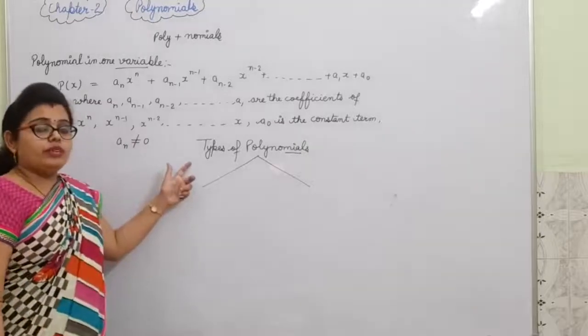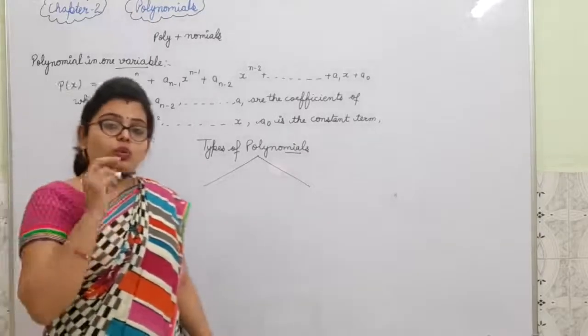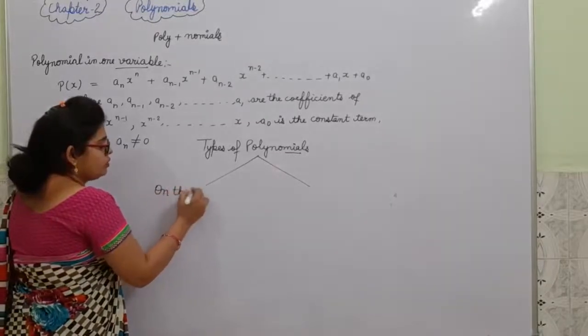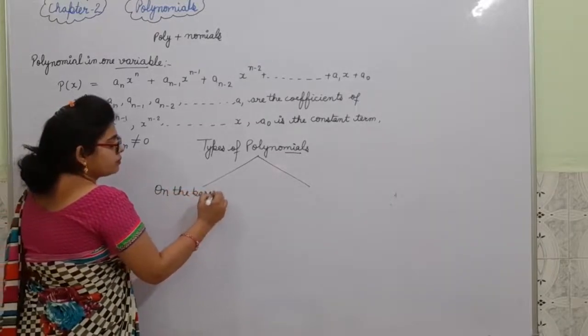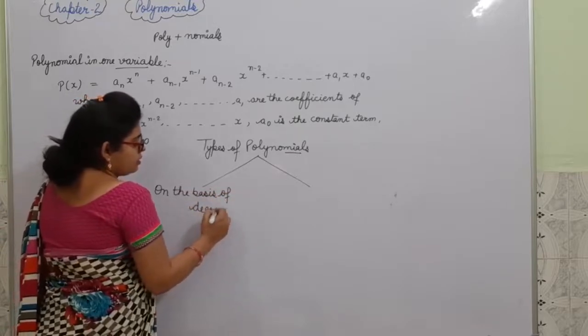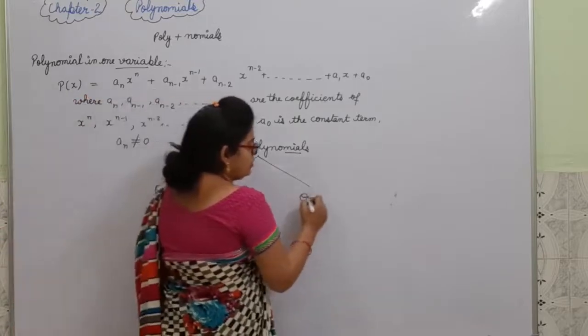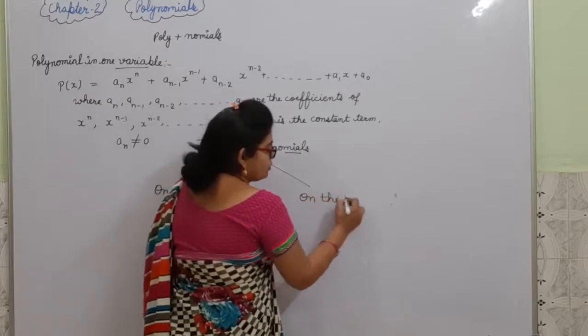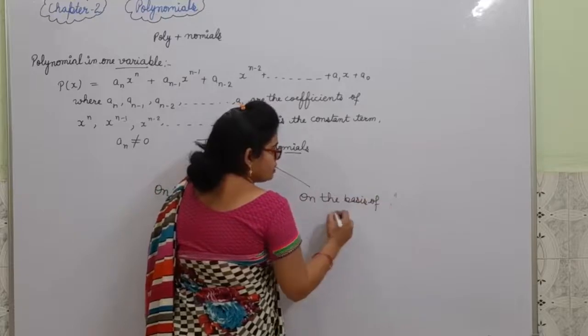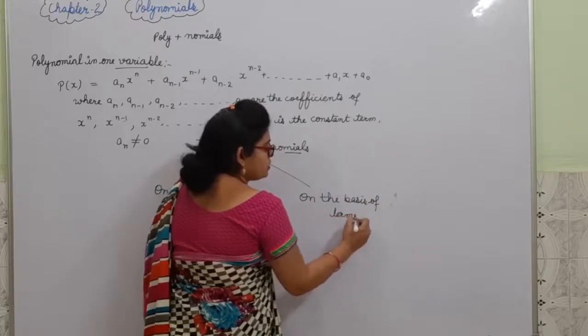Types of polynomials can be classified on two bases. First is on the basis of degree. Second is on the basis of terms.